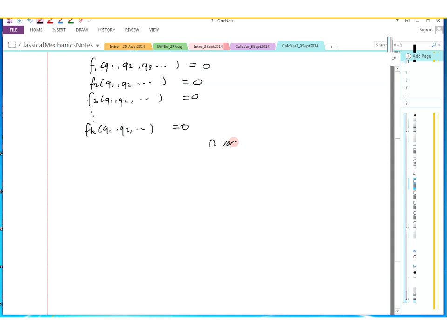In principle, we have n variables and k constraint equations, and so in principle we have n minus k degrees of freedom.